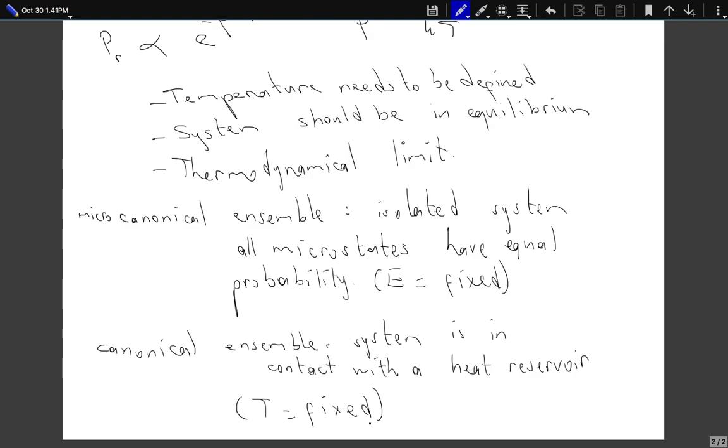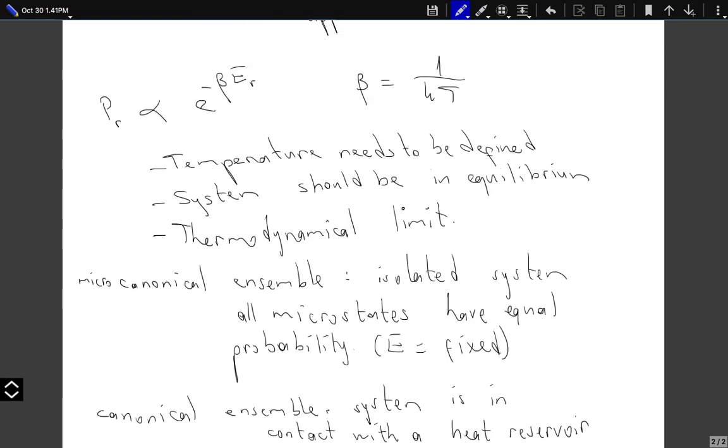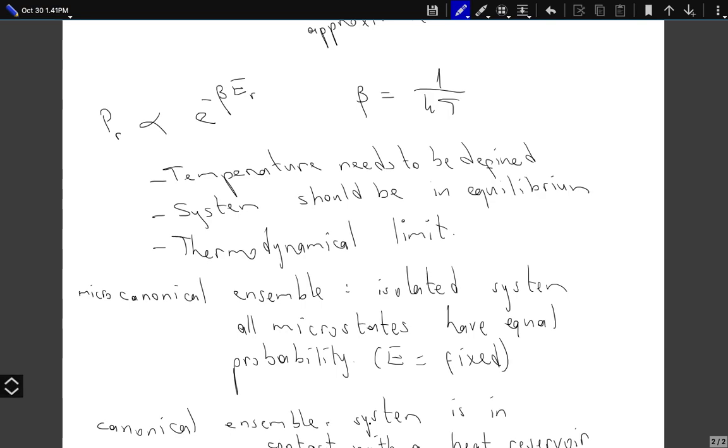So as I said, these two statements, that the probability of a microstate is proportional to e to the power minus beta E_r, and that the probability of a microstate is the same for all microstates, are both valid, but in different approaches.